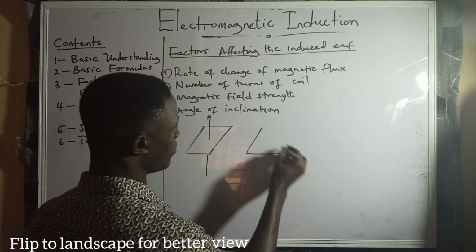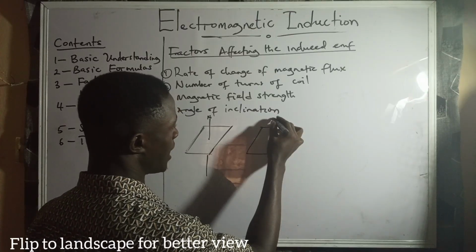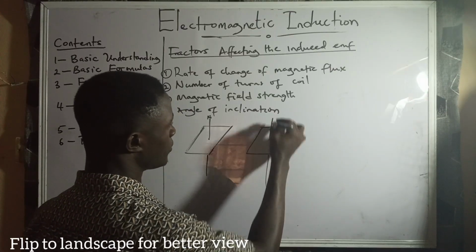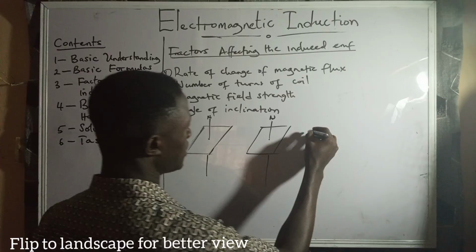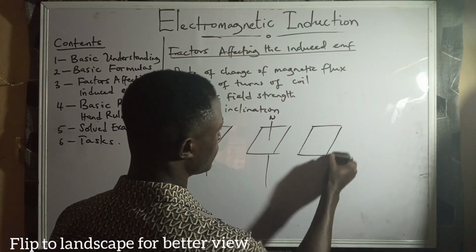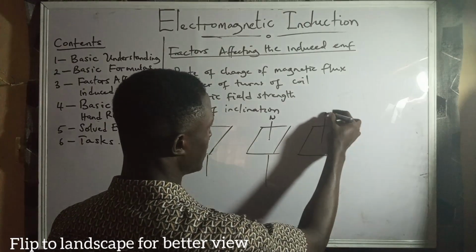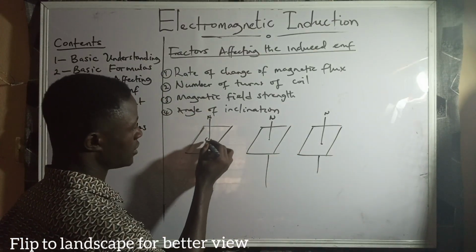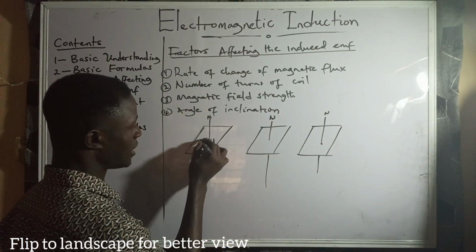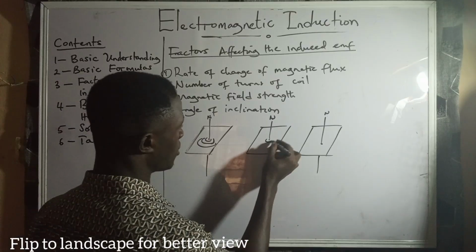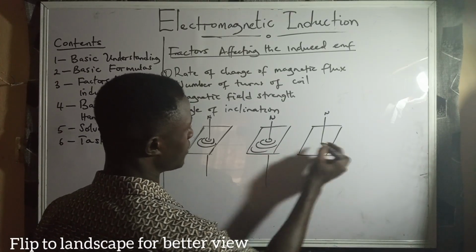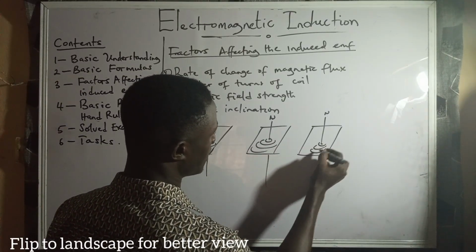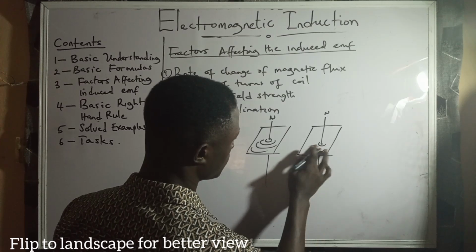And then we have another one that has a normal just like that. This is N again. Then we have another one that has a normal like that. So let's assume our coil of wire is around here.